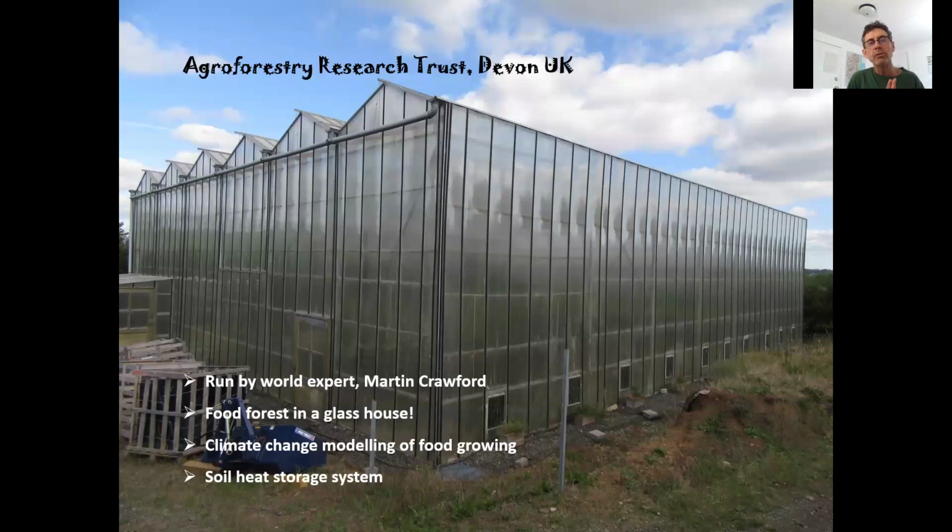This is the Agroforestry Research Trust in Devon. It's run by world expert Martin Crawford. He is trialling the food forest in a glass house to model what growing food could look like in England in 50 years' time with the climate heating up.